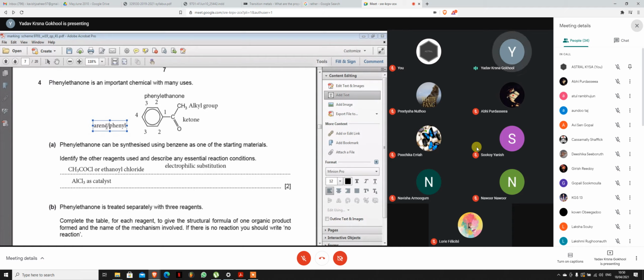Let's look at the question first and then we come back. So we have a ketone, COCH3, then we have an alkyl, and then here we have an arene. So now, this alkyl group can undergo only free radical substitution.